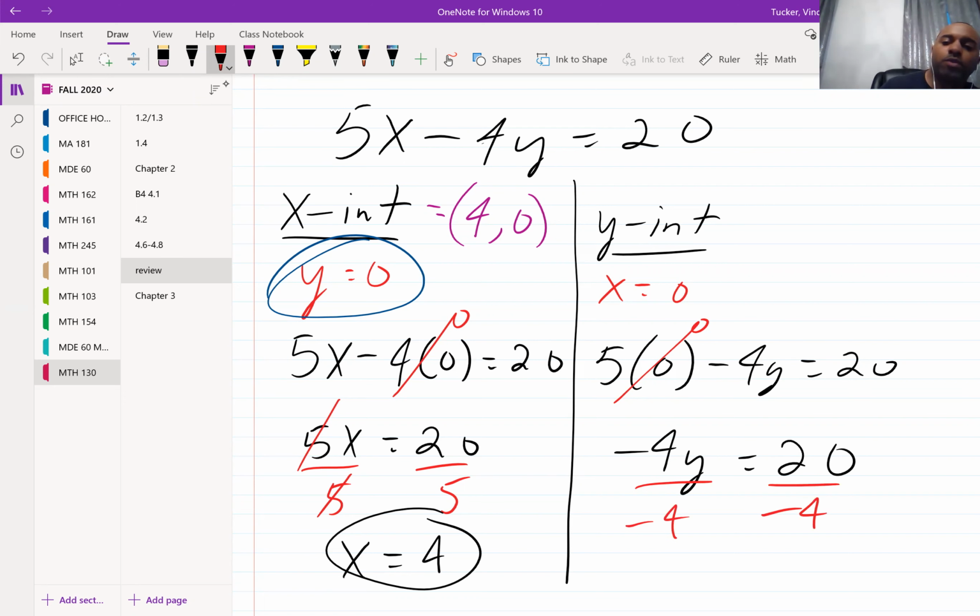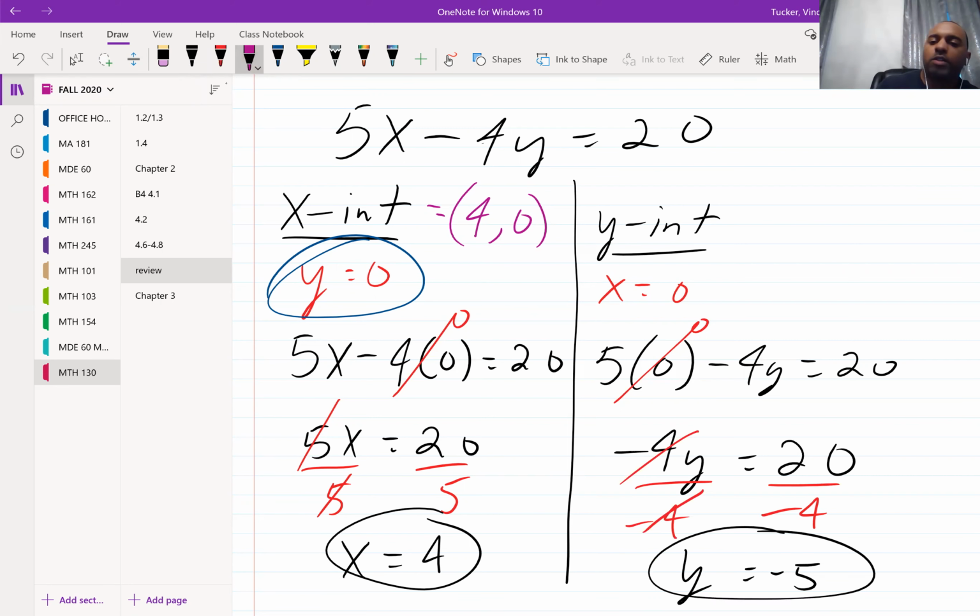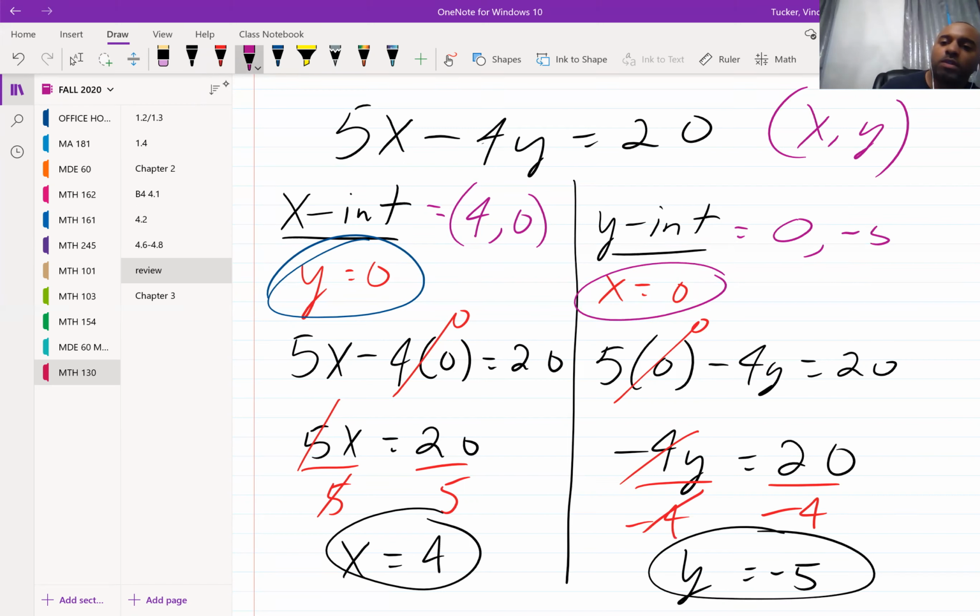Divide by negative 4. Y is equal to negative 5. So be careful here. Don't forget, when you talk about your ordered pairs, it's x, y. So your x is 0. It means your ordered pair is going to be 0, negative 5. So those are our 2 points that we will be able to use to graph our line.